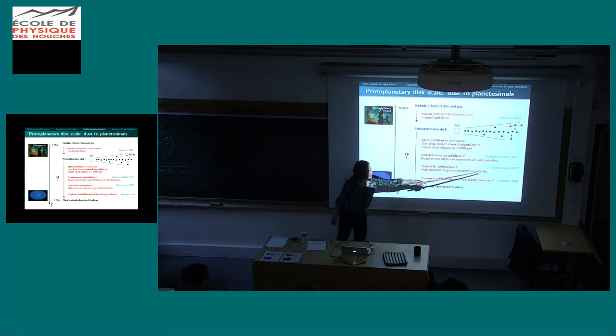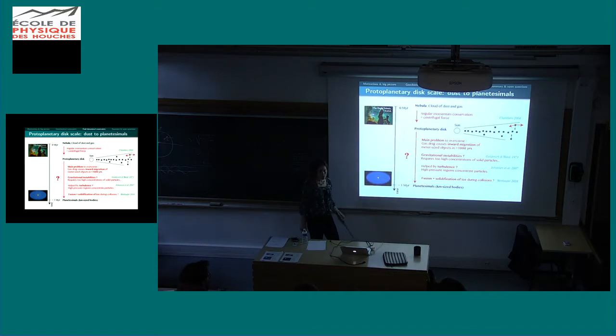More recently, Johansen et al. 2007 proposed that turbulence could perhaps help to create denser regions, because regions of high pressure have a tendency to concentrate particles. So you have more particles where you have higher pressures. That could help the mechanism of gravitational instabilities.